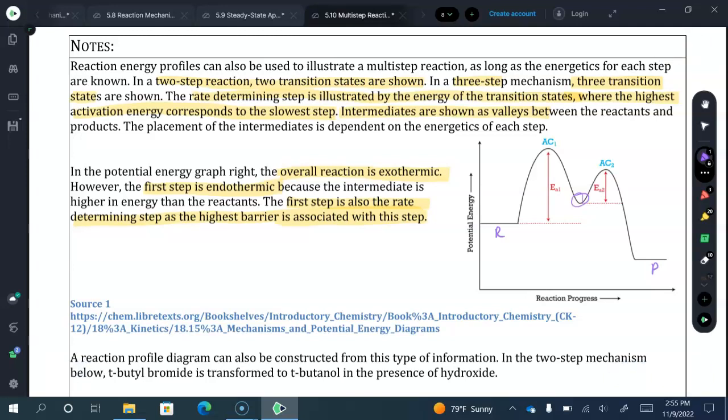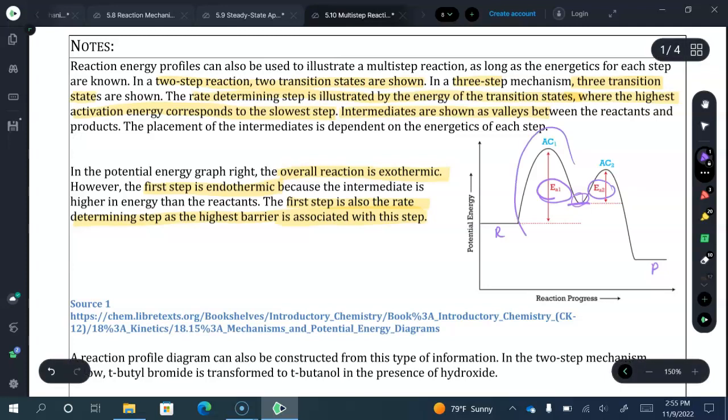However, the first step is endothermic because we see that the intermediate here is higher in energy than the reactant, so energy must be absorbed by the system first before it is released. This is also the rate determining step because the activation energy for this first step is much higher than the activation energy for the second step. And so this would also be our rate determining step.